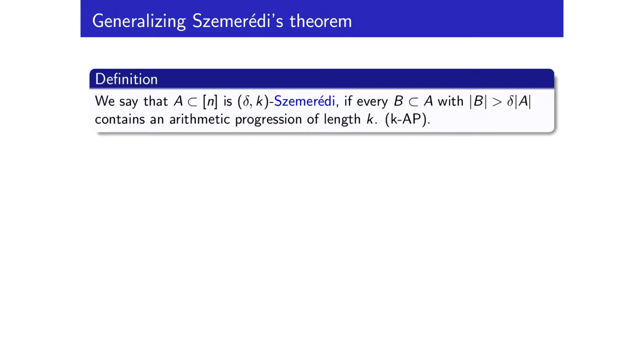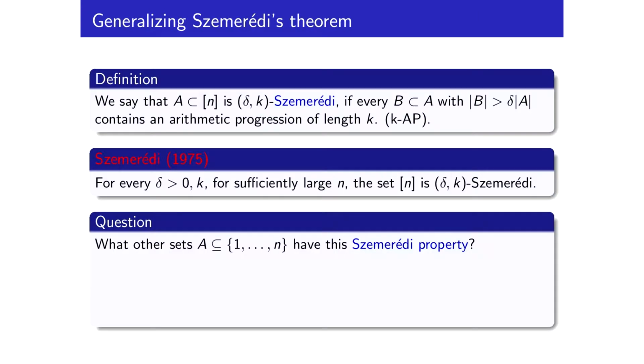We say that A is delta-k Szemerédi if every subset B of A having size at least delta times the size of A has an arithmetic progression of length k. Using this definition, Szemerédi proved that the set of integers up to n has the delta-k Szemerédi property. So it's a natural question what other sets have this Szemerédi property.